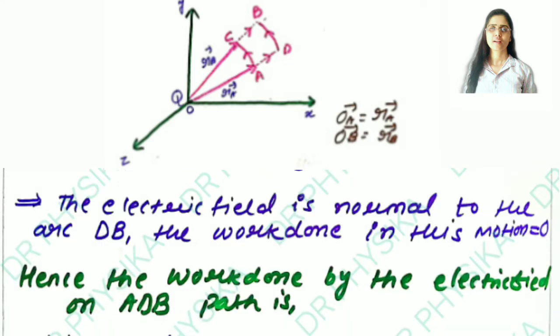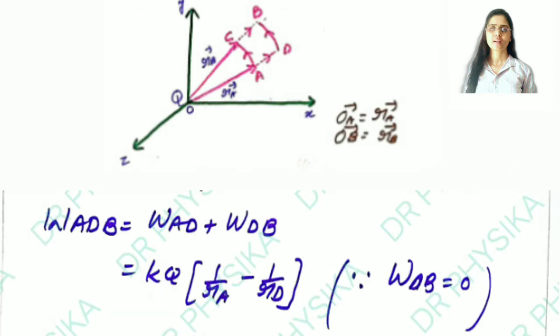Moreover, since the electric field is normal to the arc DB, the work done in this motion is 0. Hence, the work done by the electric field on the ADB path, W of ADB, is equal to W of AD plus W of DB.